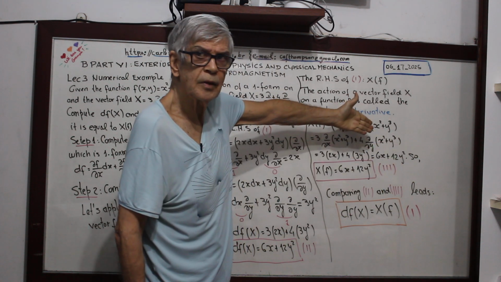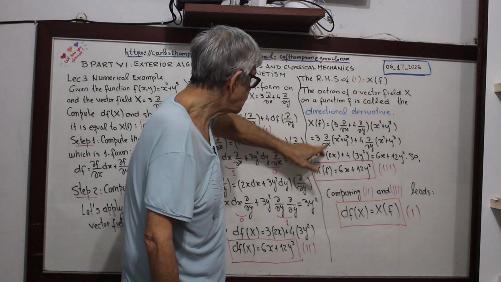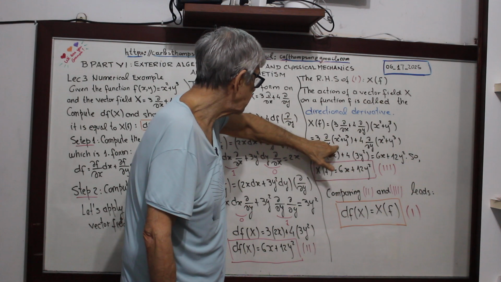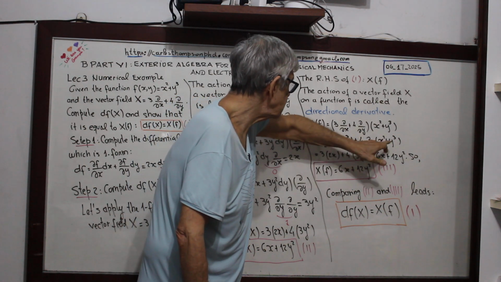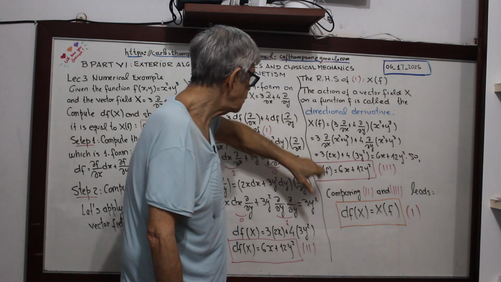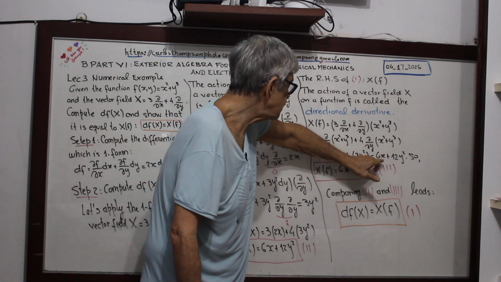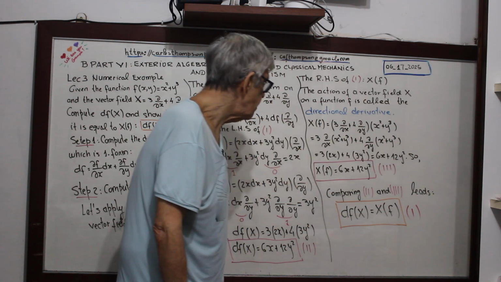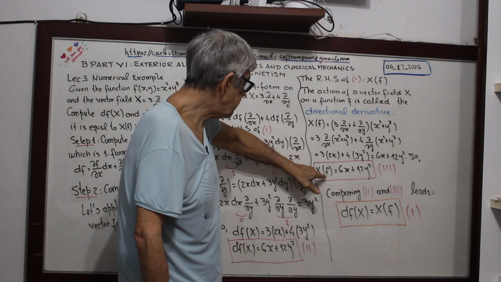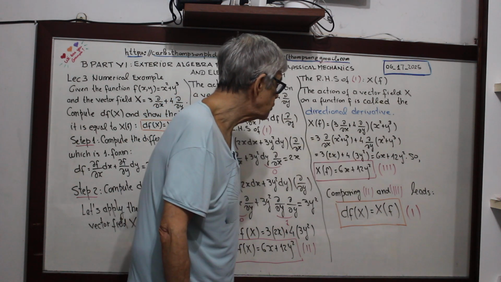You just compute the partial derivatives. This is 2x, and in this case 3y squared is over here. Multiply by 3, multiply by 4, I have 6x plus 12y squared. So X applied to f is 6x plus 12y squared.